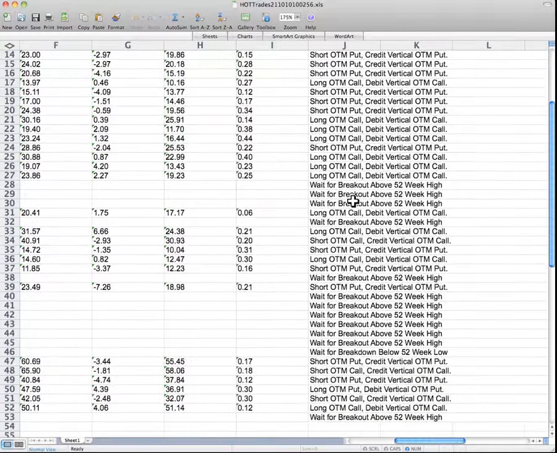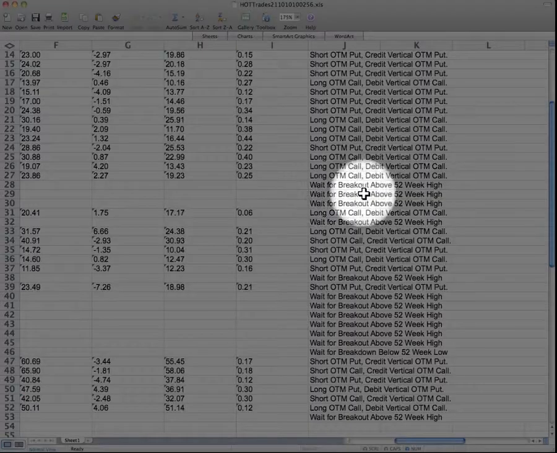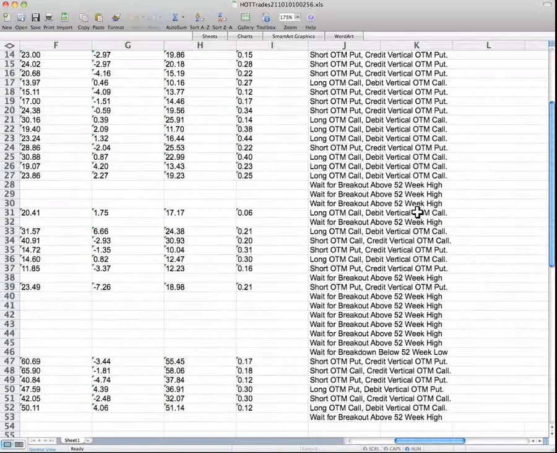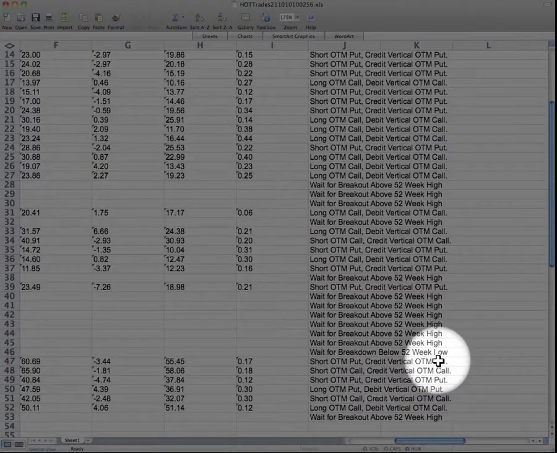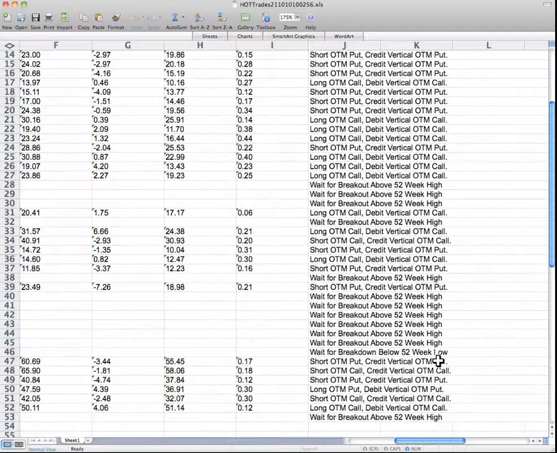What it would also do is to remove execution error, to make sure that you wait for breakout above a 52-week high, as well as waiting for a breakdown below the 52-week low, to safeguard you from trading at extremes.